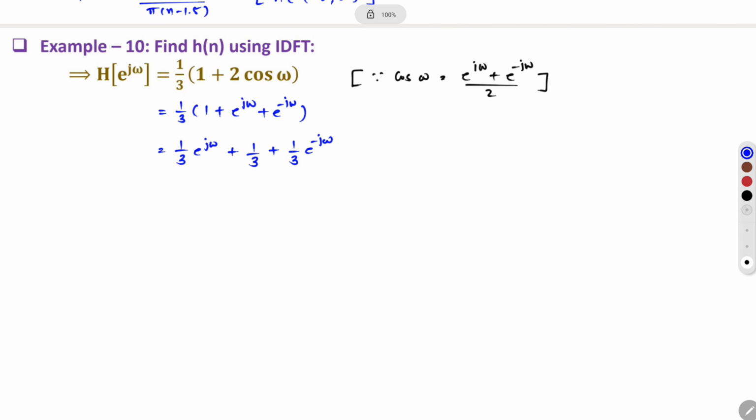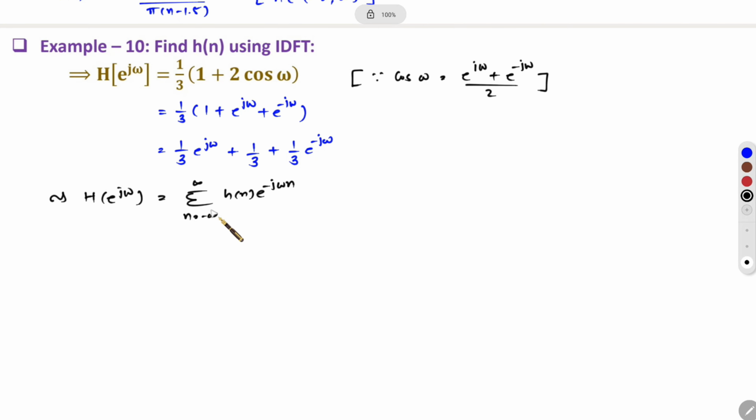So one should know the equation. When you talk about capital H of e to the power j omega, the DTFT of h of n, the equation is the summation where n ranges from minus infinity to plus infinity, h of n into e to the power minus j omega n.